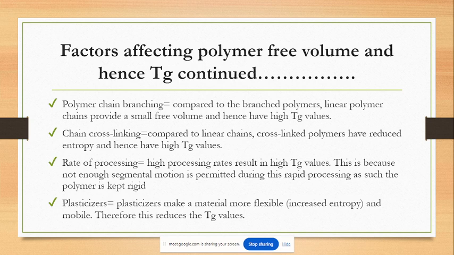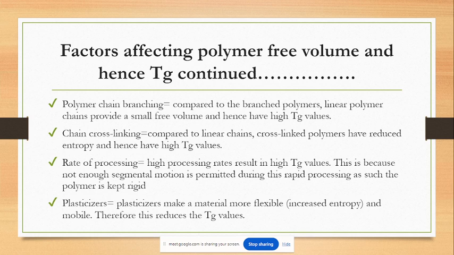Plasticizers are materials that make something behave like a plastic. Plasticizers make something more flexible. Now you can imagine to a rigid or crystalline polymer, you add something that makes that polymer flexible.